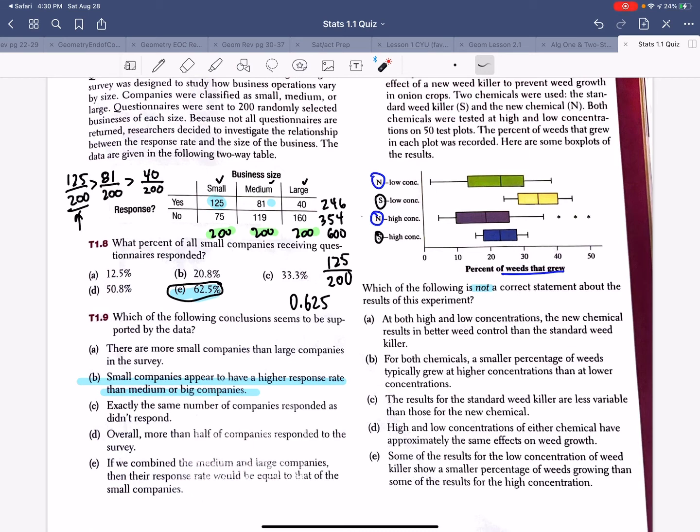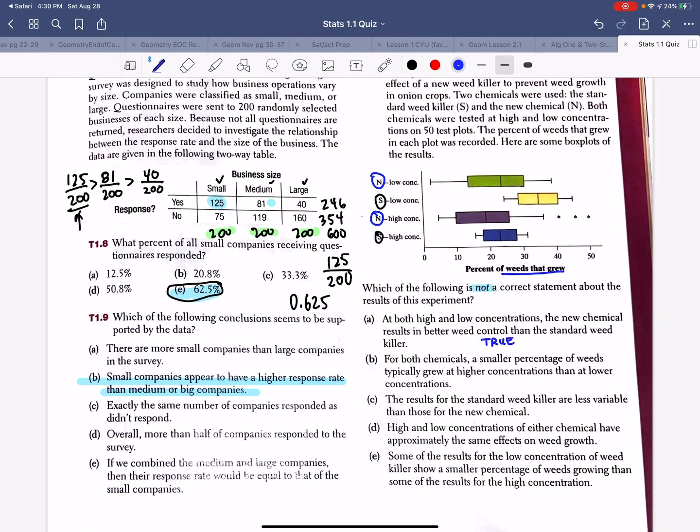But it says the new chemical results in better weed control than the standard. So in general, if you're looking at just the median, the new chemical did better, meaning had a fewer percent. So I think that this one will be true. We got to look for a new one.